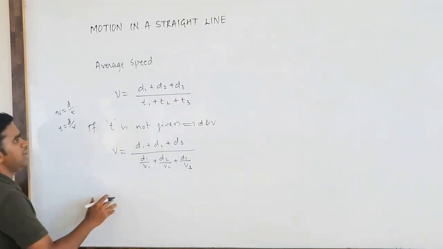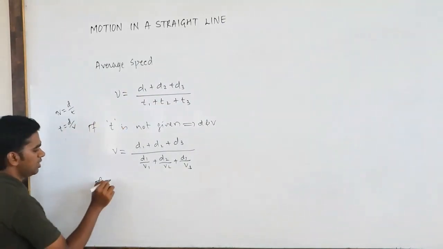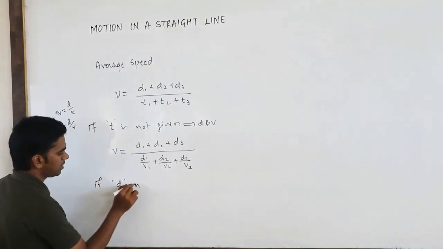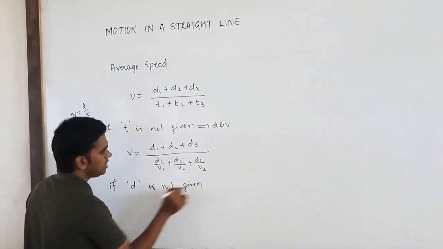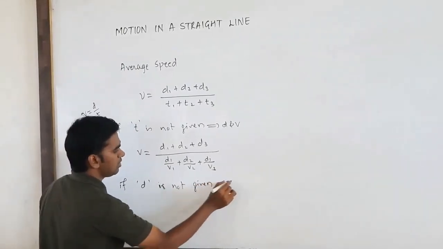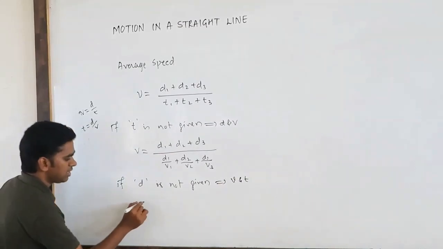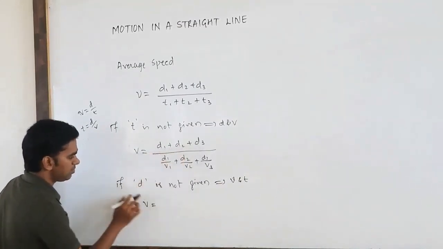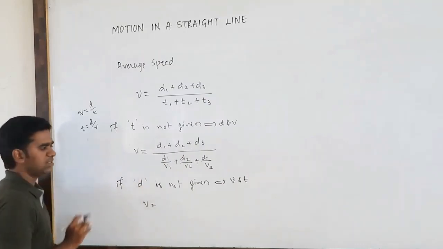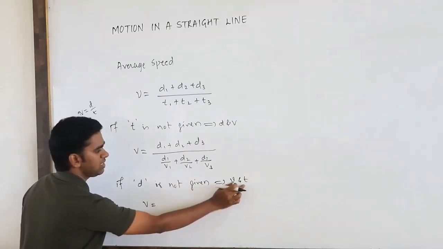Okay. So similarly, you can manipulate this formula according to your need and the given data. Suppose d is not given, then what is given? They have given you velocity and time. So d1, d2, d3 is there, but d is not given, which means you have to replace d in terms of velocity and time.